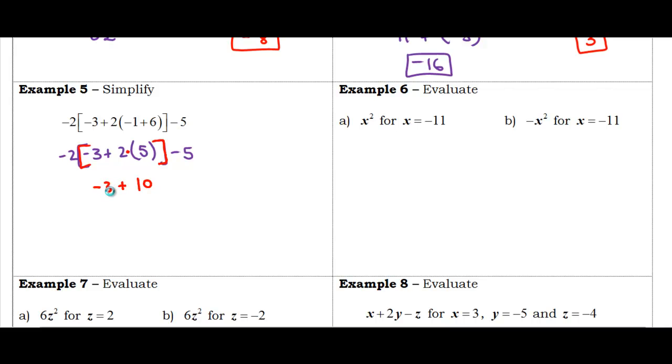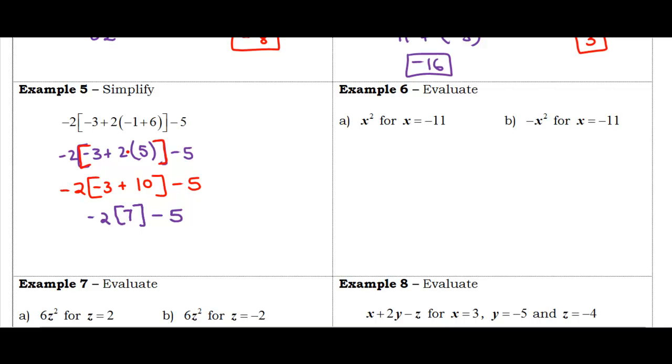I'm going to do that one calculation and copy everything else around it. Next I do what? Inside the brackets, and I have negative 3 what? Plus 10, and what is that? 7. So I'll write the 7. I'll keep the brackets around it so I don't lose sight of the next step.